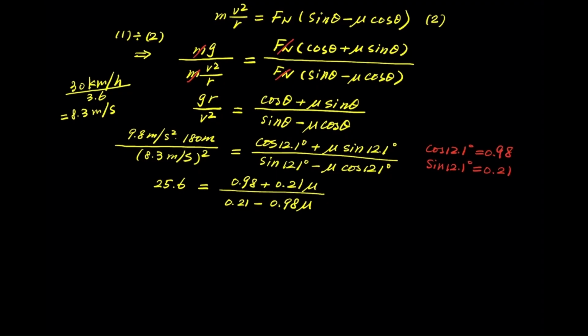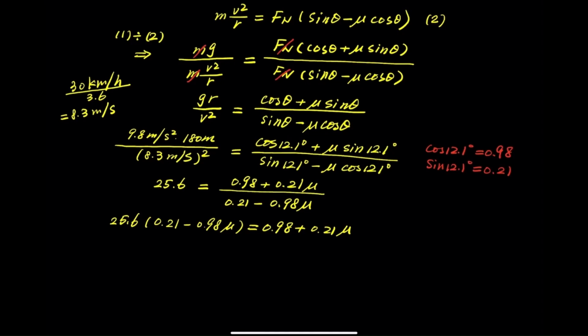To solve for mu, let's get rid of the fraction by multiplying the denominator on both sides. So we have 25.6 multiplied by this denominator, 0.21 minus 0.98 mu, equals 0.98 plus 0.21 mu.